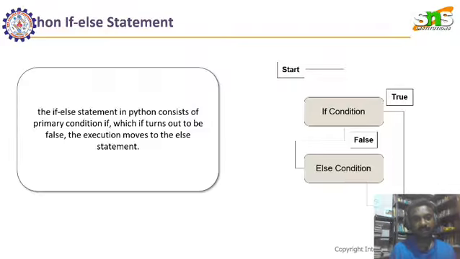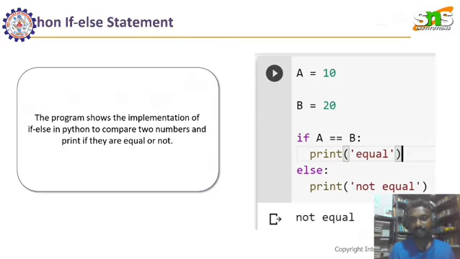So here first we are going to see the if else condition. For example, if the condition is satisfied, then execute the statements inside the if condition. Otherwise, the statements inside the else condition are executed. See this example. We have created two variables, a and b. The value 10 is assigned to a. The value 20 is assigned to b.